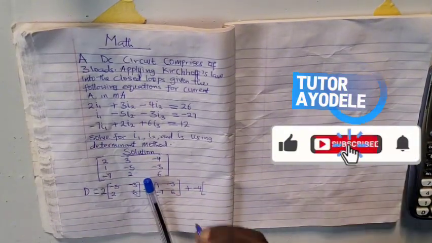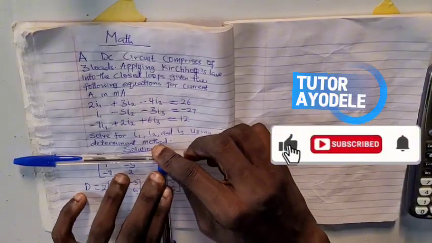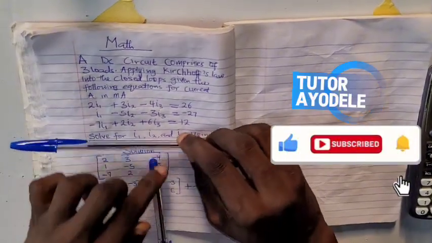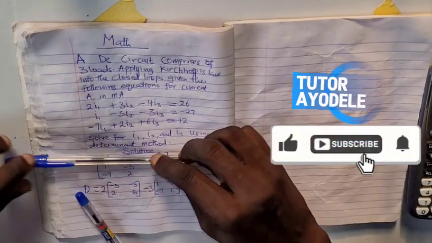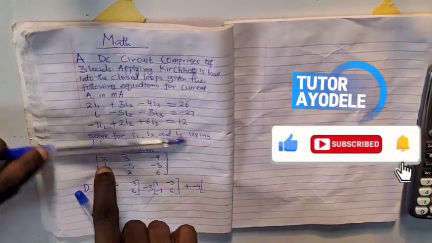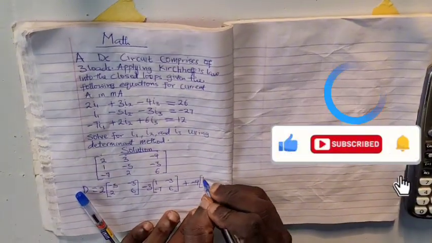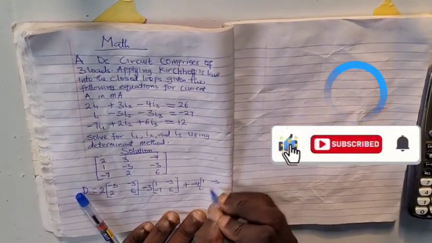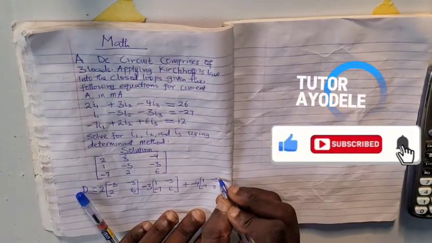If you cover this row, everything here, and cover this, you'll be left with these numbers: 1, -5, -7, and 2.